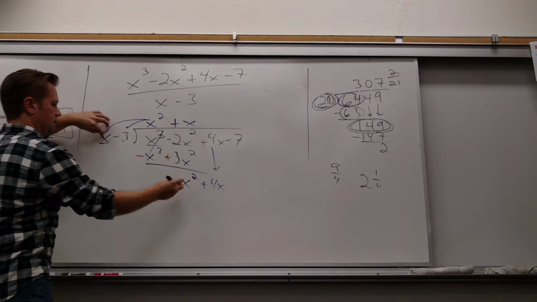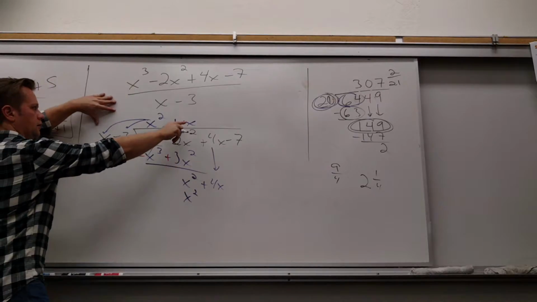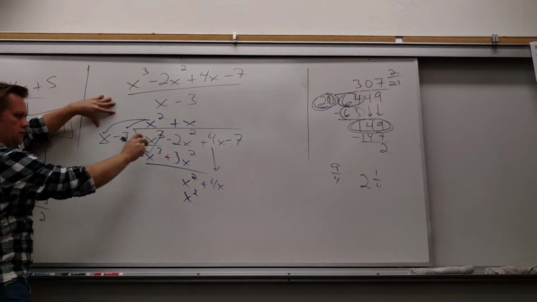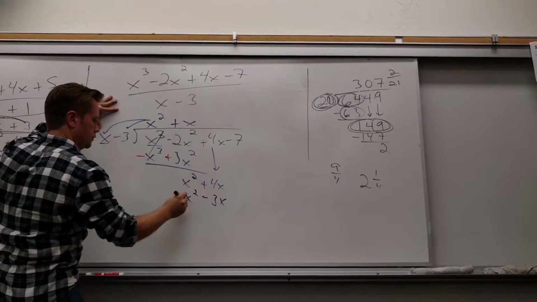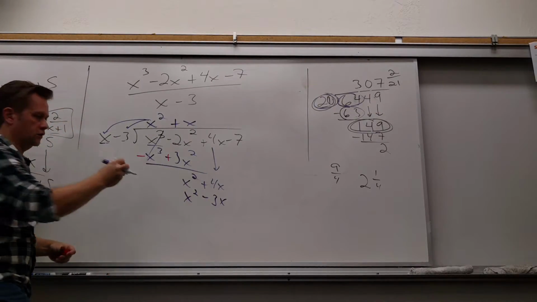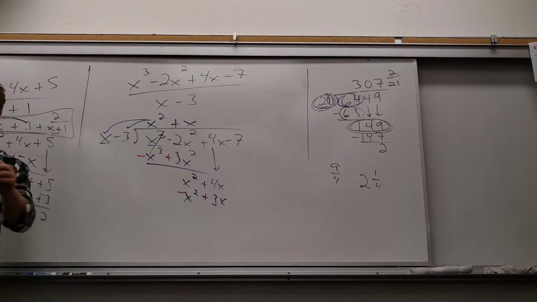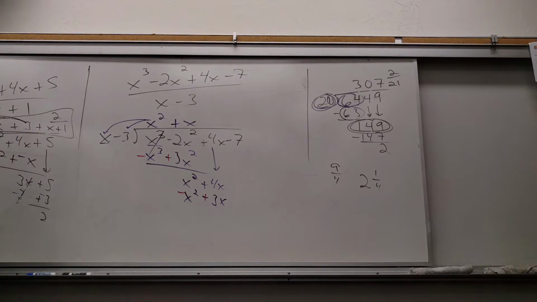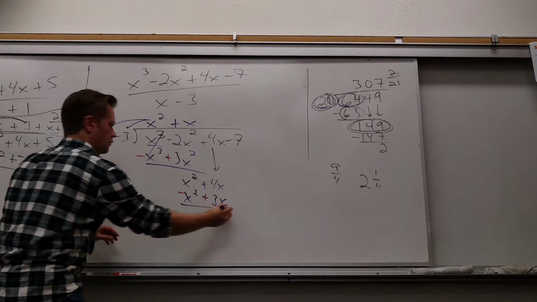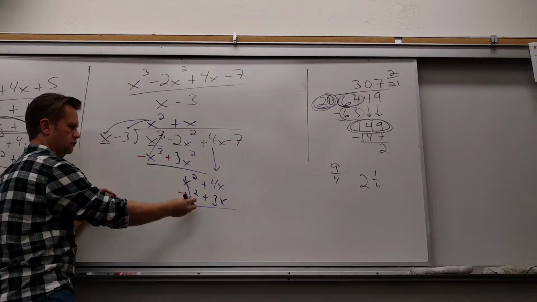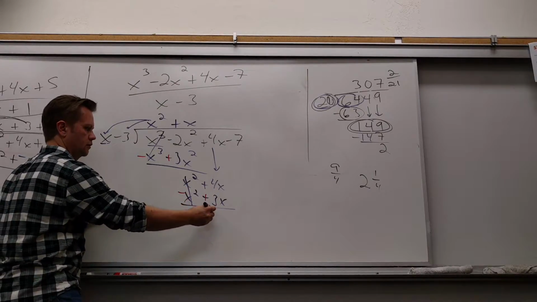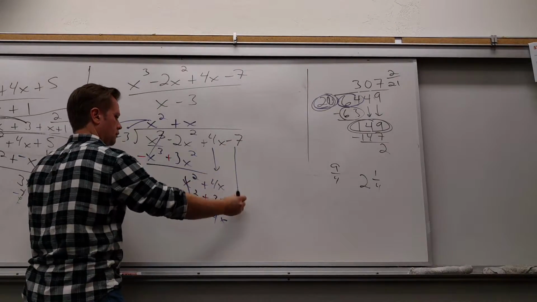So x times x is x squared. x times -3 is -3x. Then I change the sign. Obviously, the most common mistake is not changing the sign, and that screws everything up. Those cancel. That is 7x minus 7.